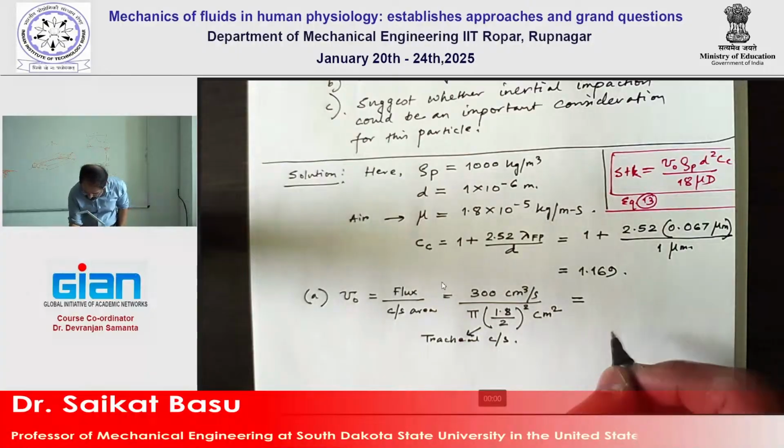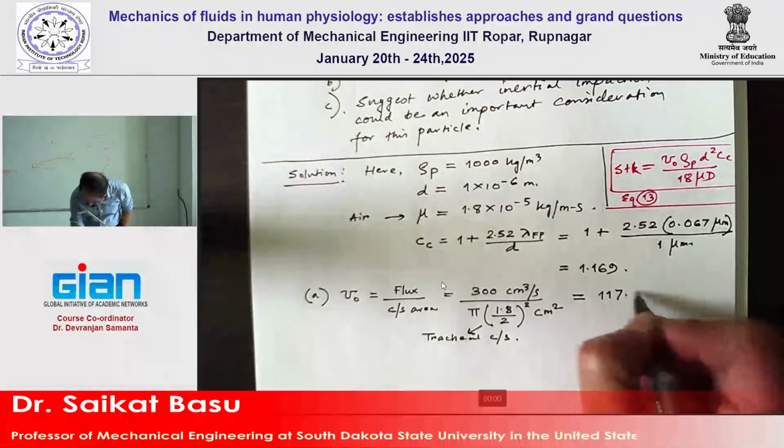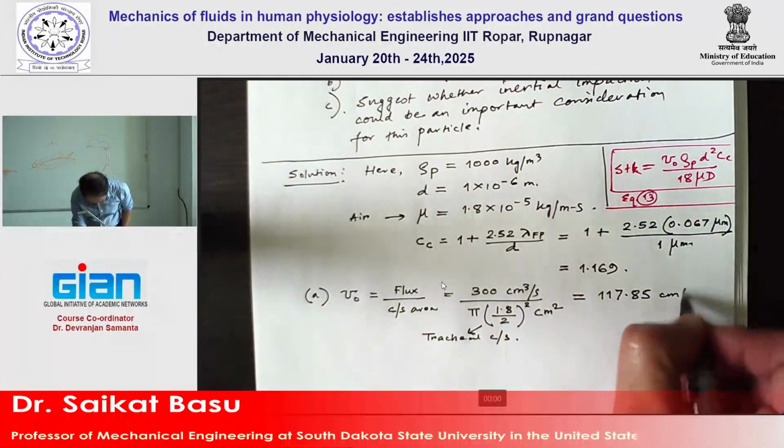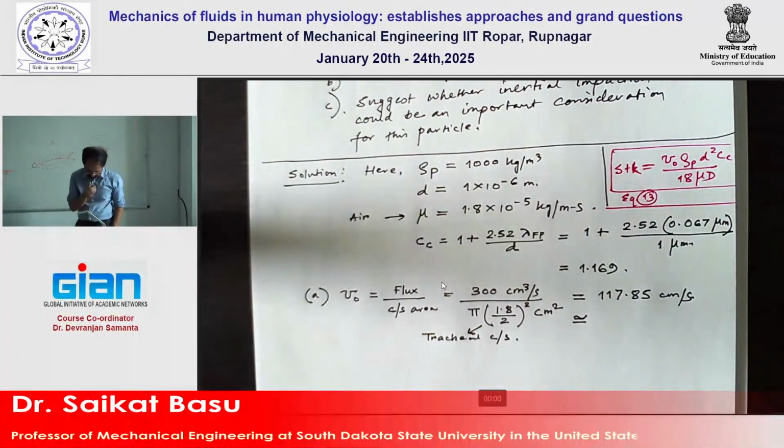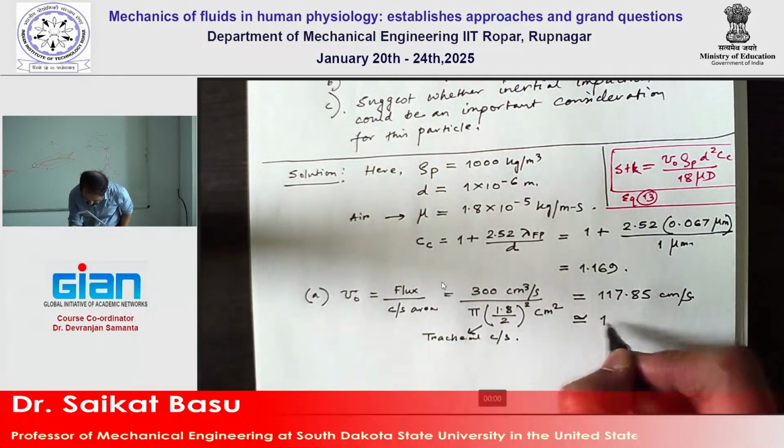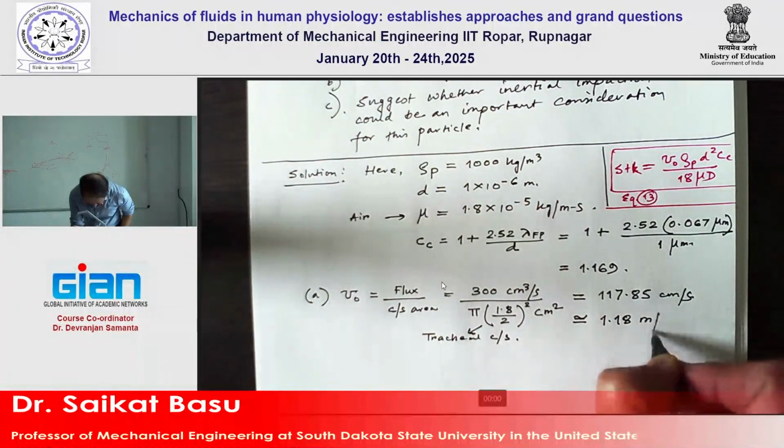I have 117.85 centimeters per second. Since we are going to go to the MKS units, let's make it 1.18 meters per second.